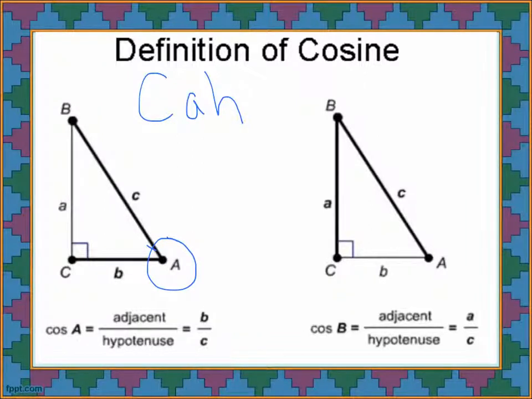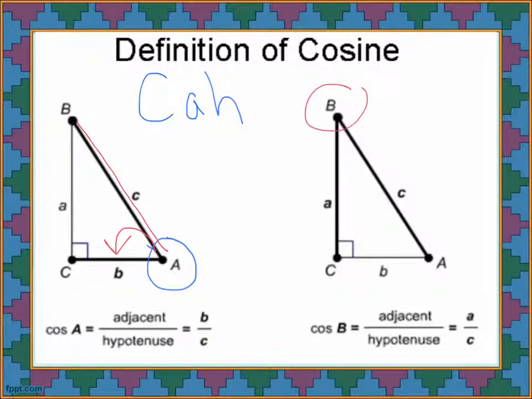So if I'm looking at my picture here, I have two sides that are touching A, B and C. So adjacent is always going to be the neighbor, but it can't be the hypotenuse because that has a special name. It's always going to be the longest side. So my adjacent side is B over my hypotenuse, which is C.